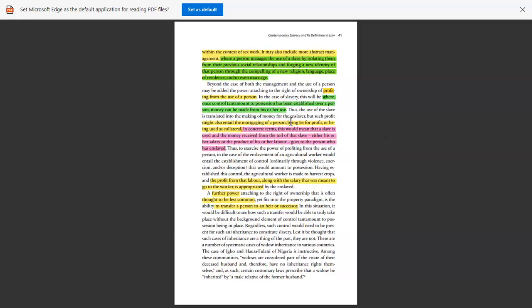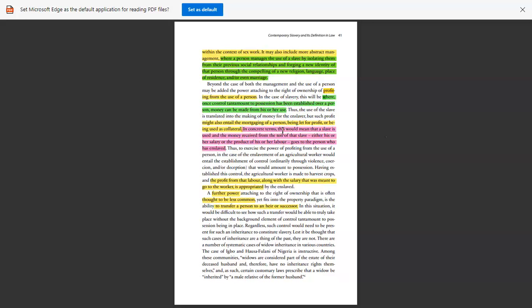So again, being let for profit or being used as collateral. So the collateralization of a man and binding him to a person in order to take that man as surety for a debt is some of these same areas that fall in this document of conditions like slavery.